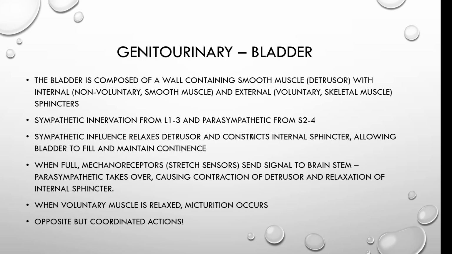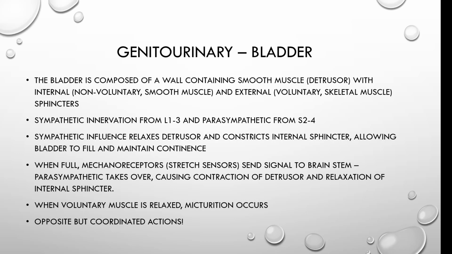There is an external or voluntary sphincter composed of skeletal muscle. There is both sympathetic and parasympathetic input. The sympathetic input comes from lumbar sympathetic cells in the lumbar spinal cord. The parasympathetic input comes from sacral parasympathetic cell bodies.